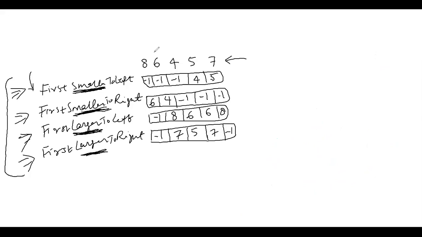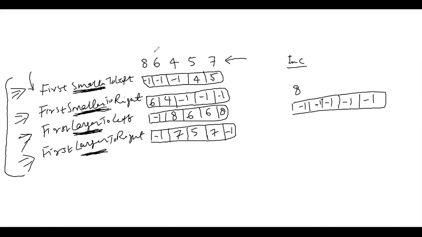8 came. So I am interested in building the increasing stack. I put 8 in the stack. In the beginning, let me initialize all these values to -1, because we know by default everything is -1 if we don't fill any value.